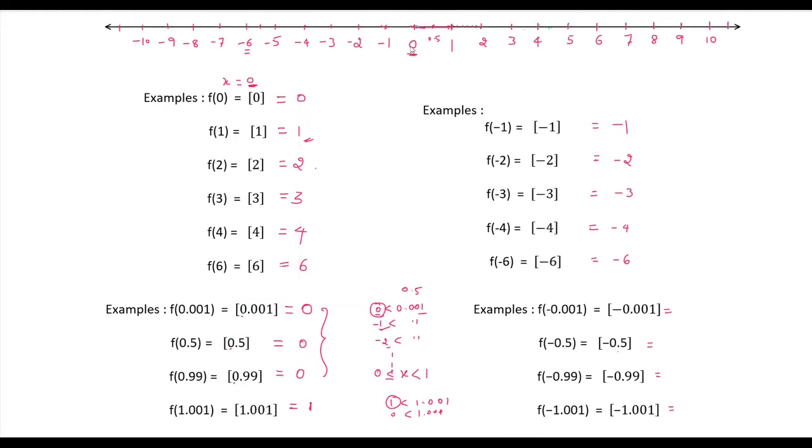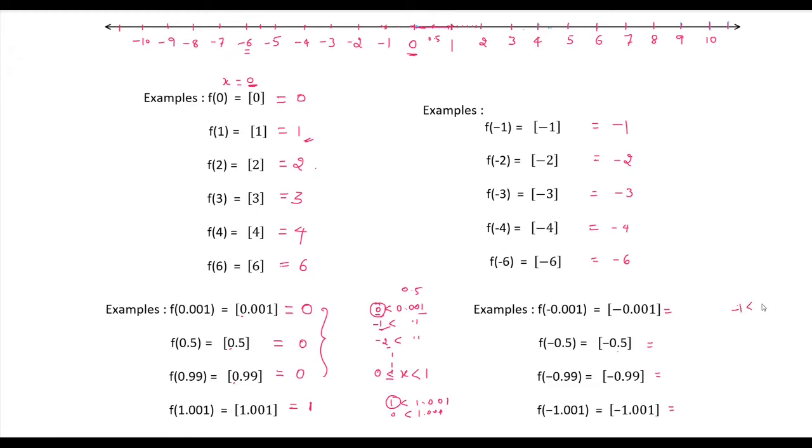Now, we already know that this is 0. If we go to the left side of 0 on the number line, the value decreases, correct? As it goes to the left, the value decreases. So now we are considering minus 0.001. Minus 0.001 is somewhere here, very close to 0. Look at the number line: which integers are less than minus 0.001?